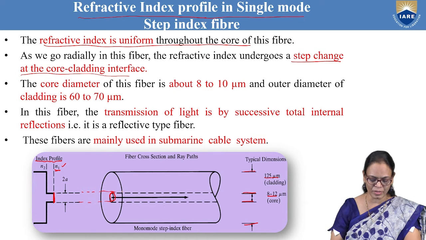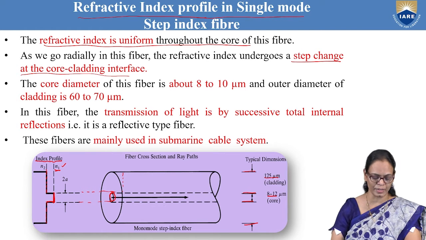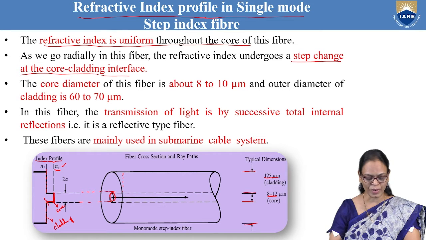Now from here we have the cladding, the refractive index of the cladding. What we see here is a step change. From here it is varying suddenly. Where is it varying suddenly? Here, at the core cladding interface. So this is the cladding, and this is the core. So this is the interface. At this interface there is a step change in the refractive index.